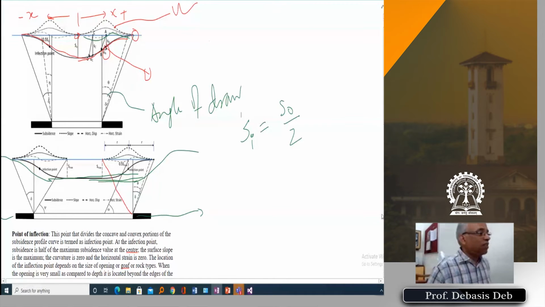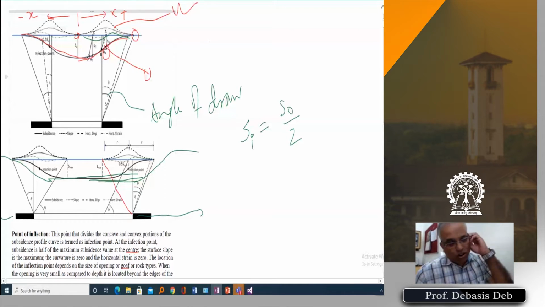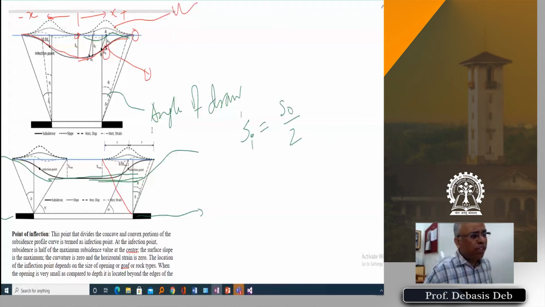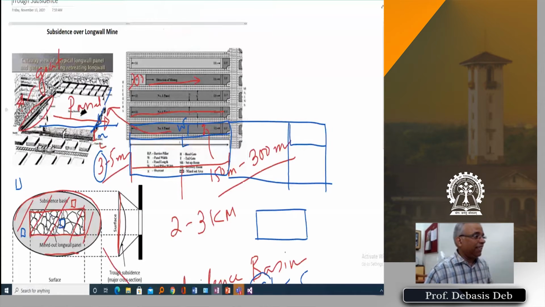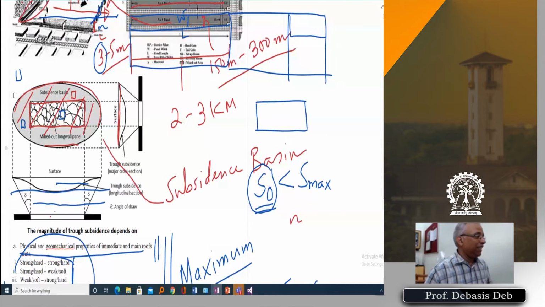So from the panel edge to zero subsidence you draw a line, and the angle it forms with the vertical line is the angle of draw. That is a very important angle, because it defines the subsidence basin, the maximum area of influence.